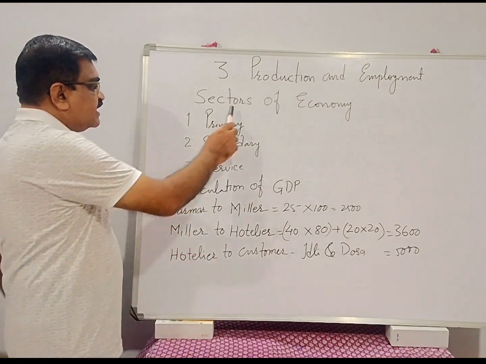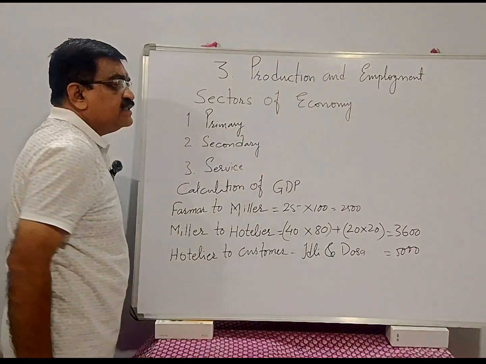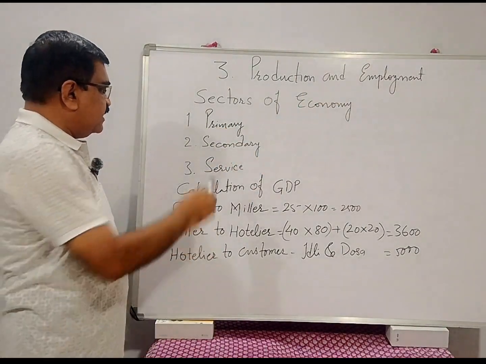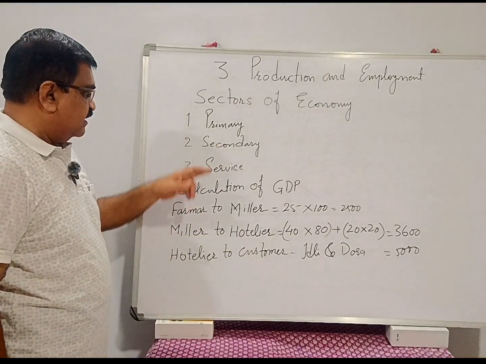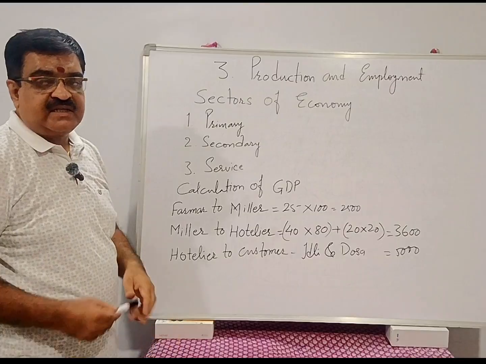Now there are three sectors of economy by which a person can derive his or her income. The first one is the primary sector, the second one is the secondary sector, and the third one is the service sector.